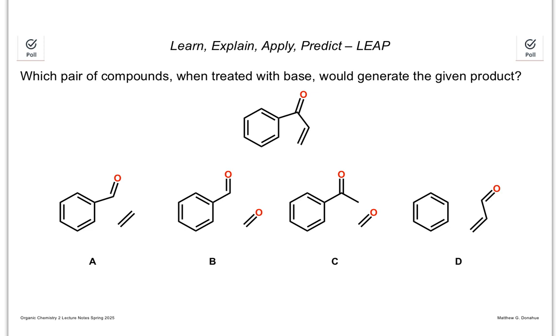So which pair of compounds, when treated with base, would generate the given product? Based on the functional groups you see in the product, how would you sort of classify that? What reaction mechanism is it proceeding through?